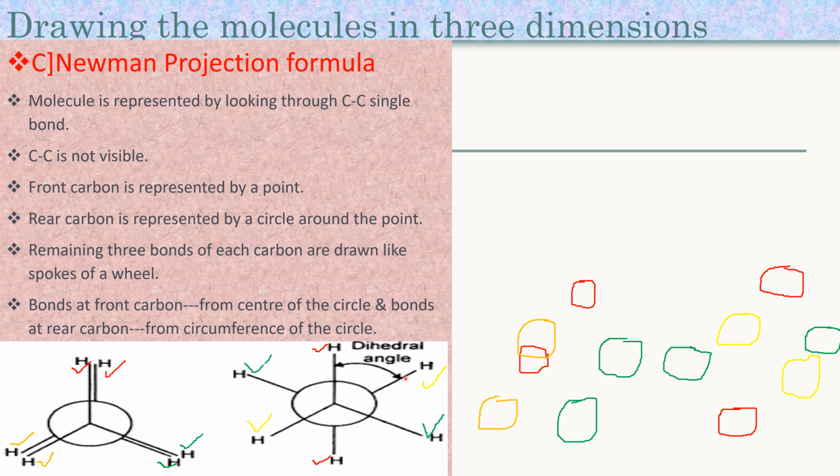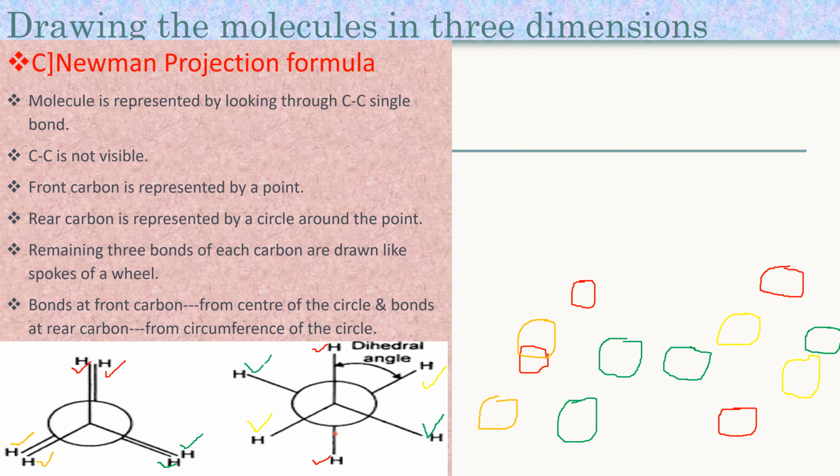Now you can rotate this carbon by any angle. Let's say, for example, if you rotate the backside carbon atom by 180 degrees, then the respective hydrogen atoms from the front carbon atom and rear carbon atom will be exactly opposite to each other. They will be in the opposite direction from each other.